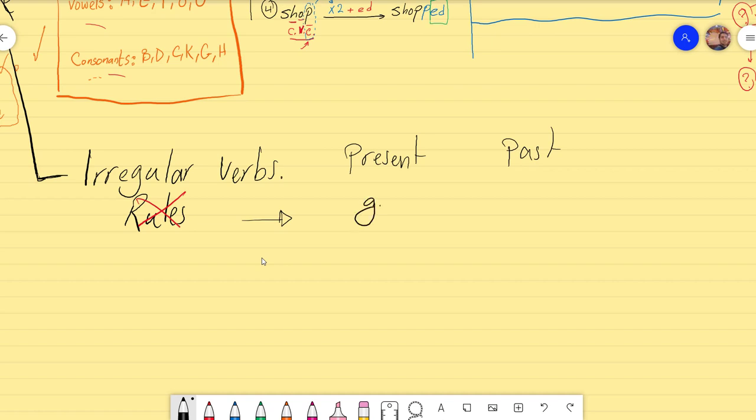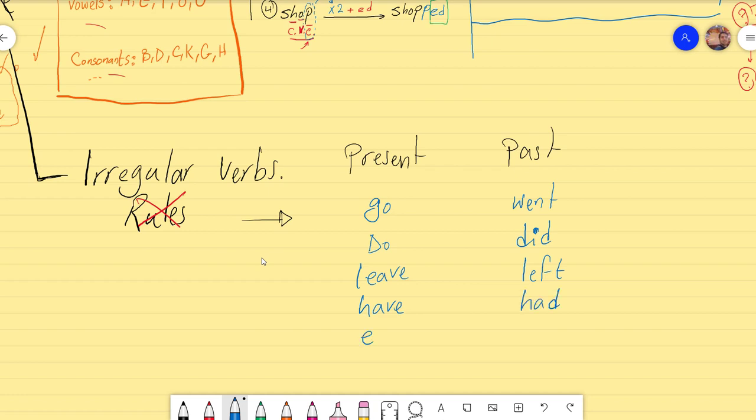For example, go. What is the past of go? Went. Past of do? Did. Leave, left. Have, had. There are a lot of these. Eat, ate.